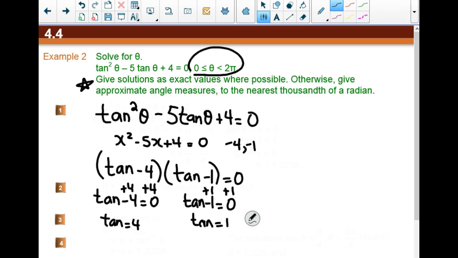Okay, so on your calculator, make sure you go second or shift tan because we're looking for angle. This angle is going to be in radians, so make sure your calculator is in radians. So we'll go second tan 4 is equal to, and you should get 1.32 decimal stuff.